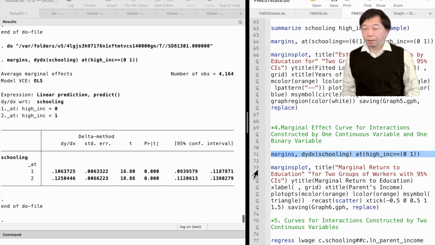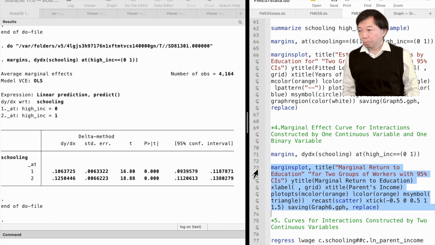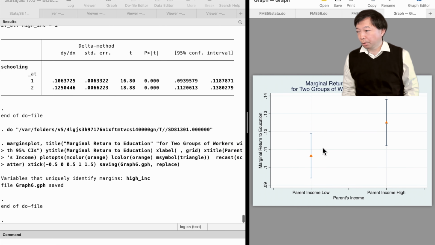We use the dy/dx option again to find the marginal effect of education on wages, and the add option distinguishes the two groups. Finally, Marginsplot visualizes the two marginal returns to education.